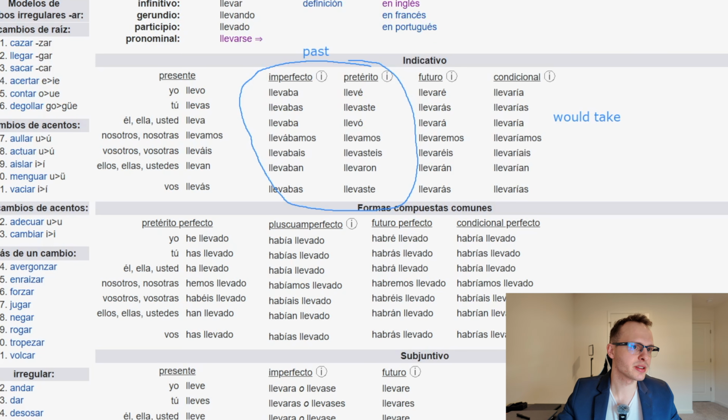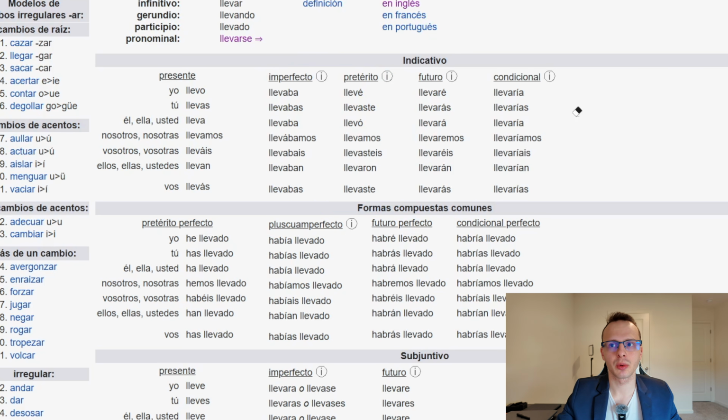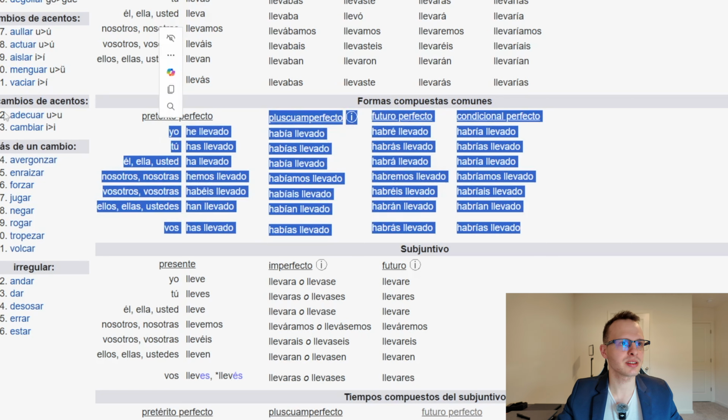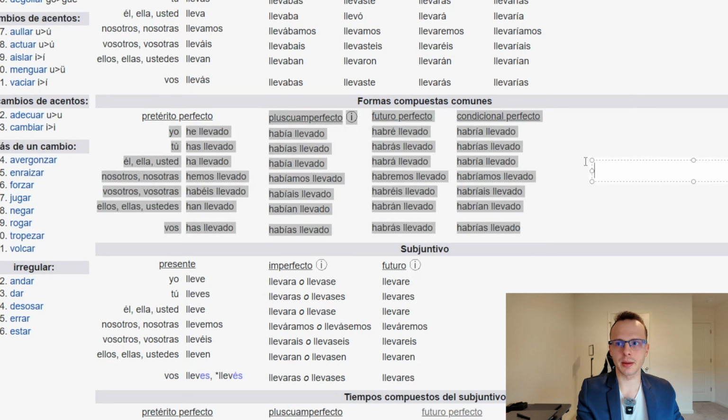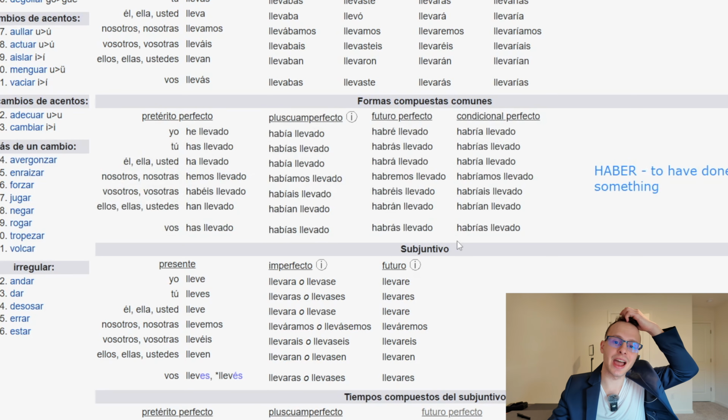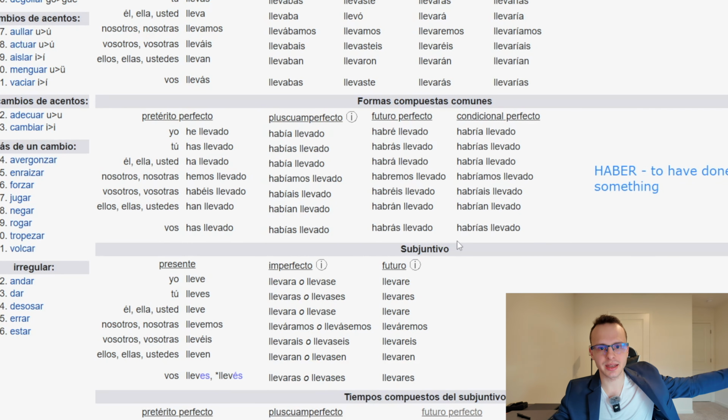Now I'm going to erase this stuff here, and we're going to scroll down to formas compuestas comunes. That's a weird way to say what this actually means. And this is using the verb haber. This means to have done something, specifically to have. It's not the have of possessing something, it's the have of having done something in the past tense.